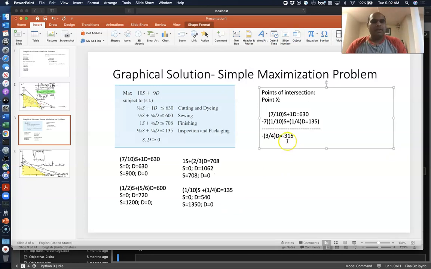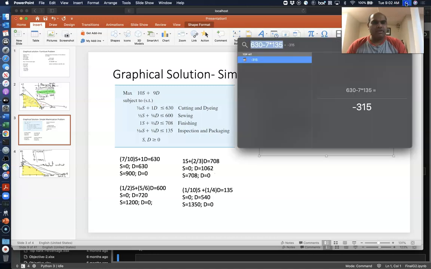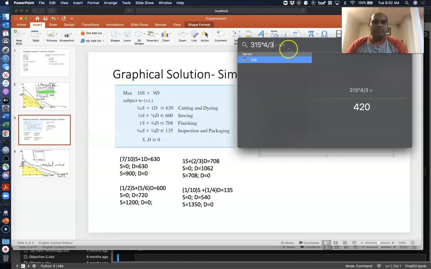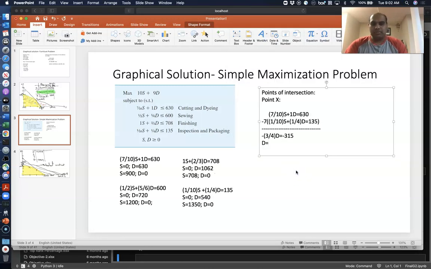And this I can solve for d. The negative signs cancel, so I multiply by 4 and divide by 3. That will be 315 multiplied by 4 divided by 3, which gives me 420. It's a good number. So that's the value of d.